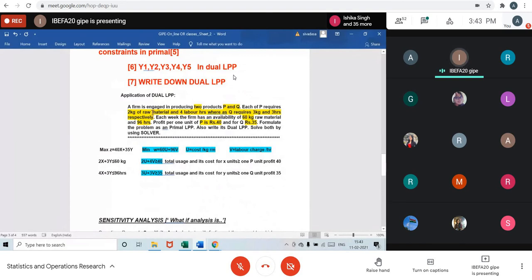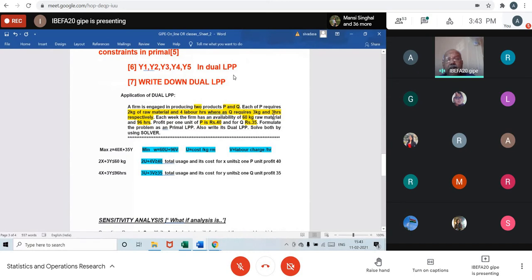A firm is engaged in producing two products P and Q. Each unit of P requires 2 kilograms of raw material and 4 labor hours.